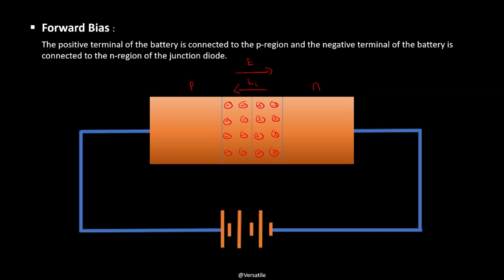Since the positive terminal of the battery is connected to the P side, some of the majority carriers in the P side, that is holes, diffuse into the depletion region. Similarly, some of the majority carriers in the N side, that is free electrons, diffuse into the depletion region and they form neutral atoms.